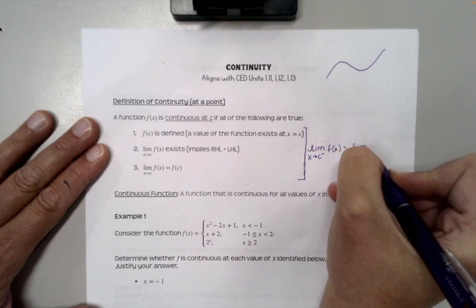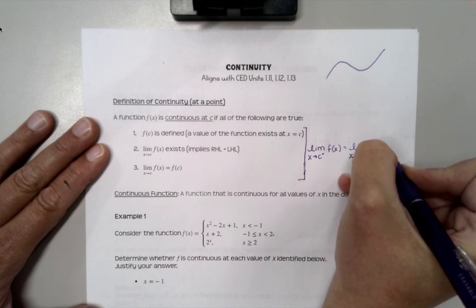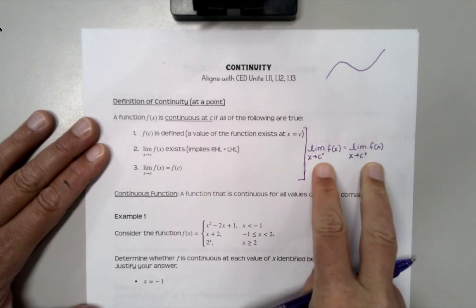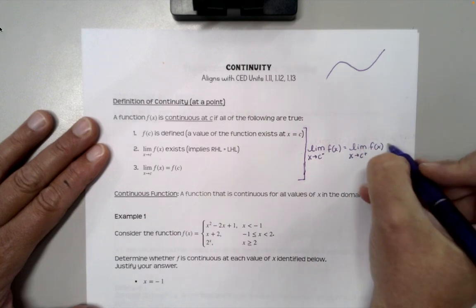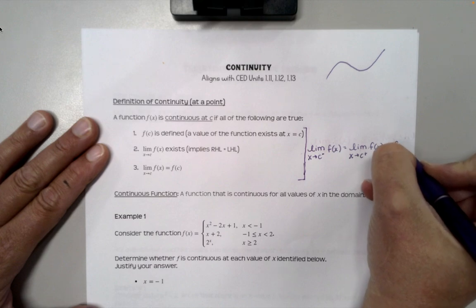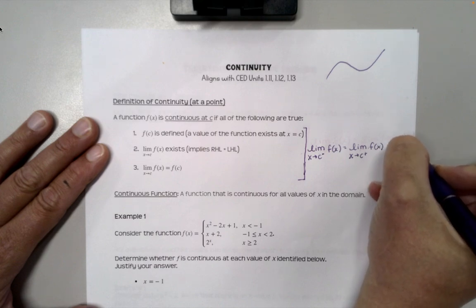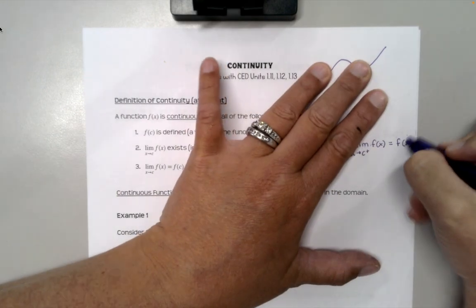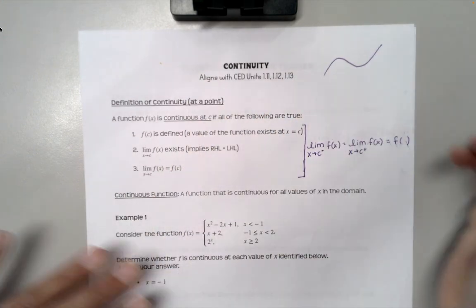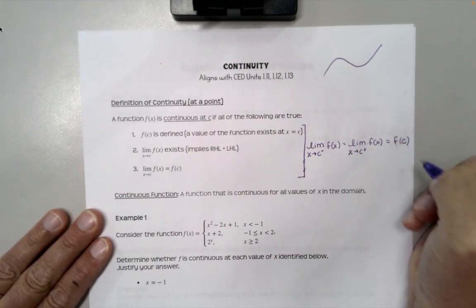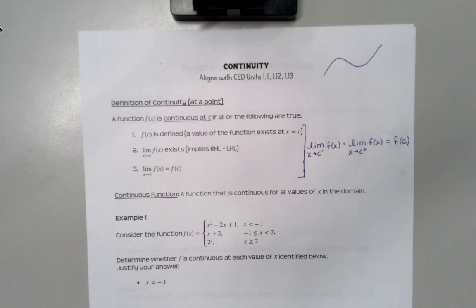That's basically the second bullet point, right? But then those two things, so that would give you your overall limit, those two things need to be equal to the actual function value, okay? Or I guess that should say f of C, sorry about that. Okay, the function value at point C. So the limit needs to be equal to the point itself.